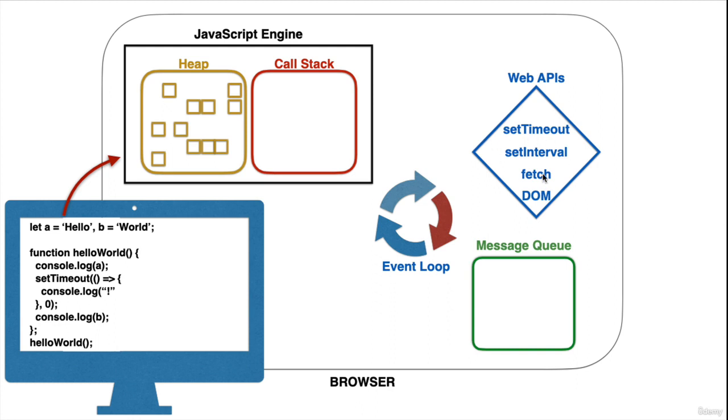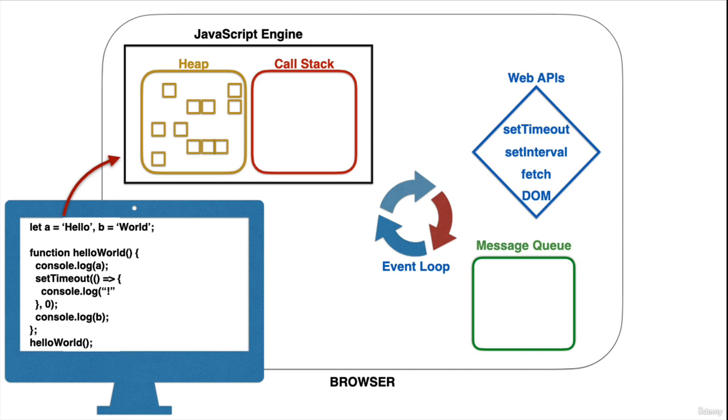But the callbacks that are a part of what is handled there are integrated back into the engine using the event loop. It pulls them from the message queue and adds them to the call stack. We achieve asynchronous JavaScript this way. The event loop is critical in making that happen.